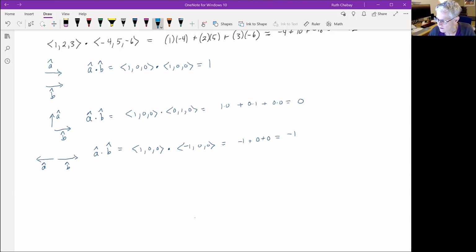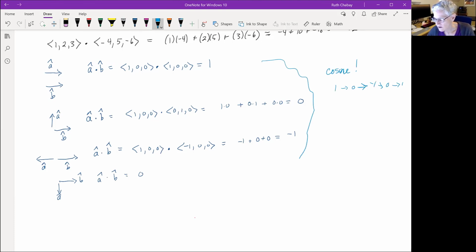So notice that we have here a function that seems to go from 1 to 0 to -1. And if we kept going, we'd have A hat, B hat. That's going to be 0 again. So this sure looks like we've got a cosine function hiding in here.